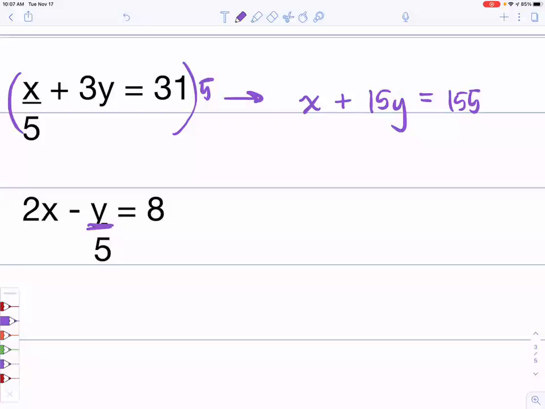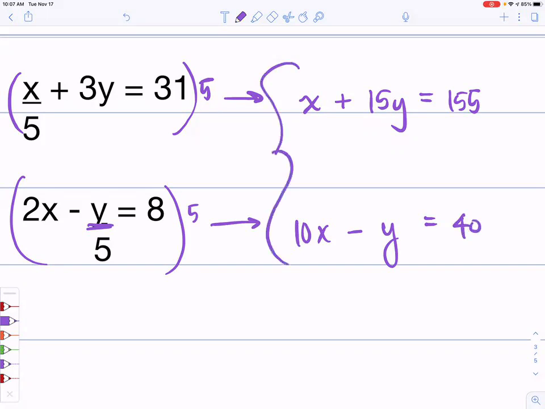That's the trade-off, but that's okay. We can do the same thing since my common denominator is a 5 here as well. So what is my first term going to become? 10x, and then minus y equals 40.